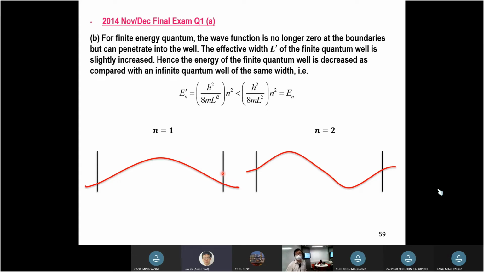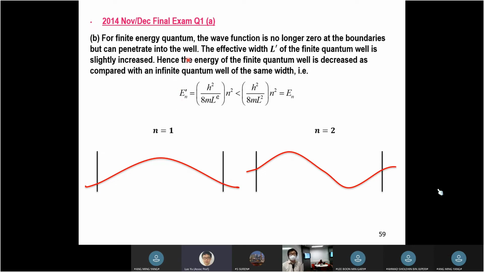So for the finite quantum well, its energy will now be smaller than the infinite quantum well, because now my effective width L prime of this finite quantum well becomes larger than L, so the corresponding energy will decrease a little bit.